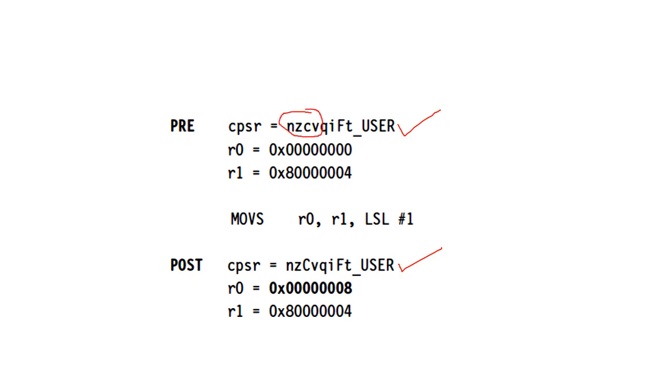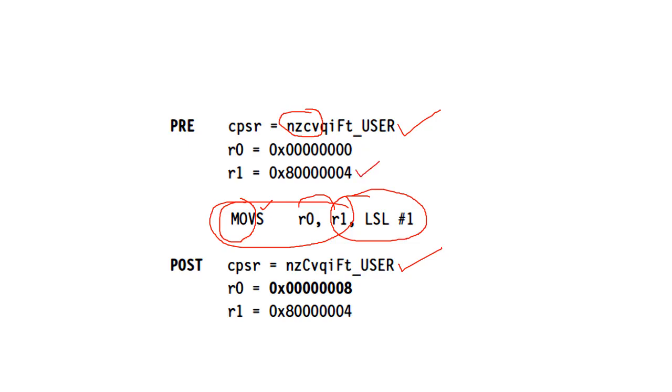Now there is one more example we have taken here, where we have taken the status register, that is the status flags: negative flag, zero flag, carry flag, and overflow. So I have used the move instruction with the optional S, which allows my instruction execution to affect the status register CPSR. And I am not simply moving R1 to R0.